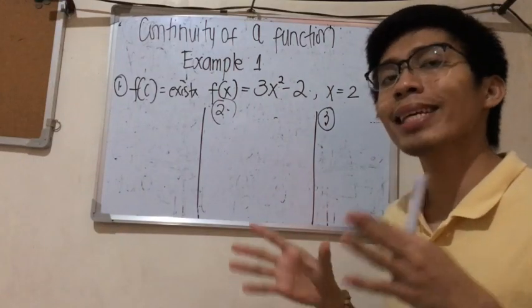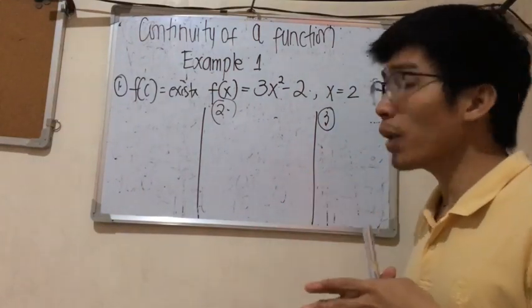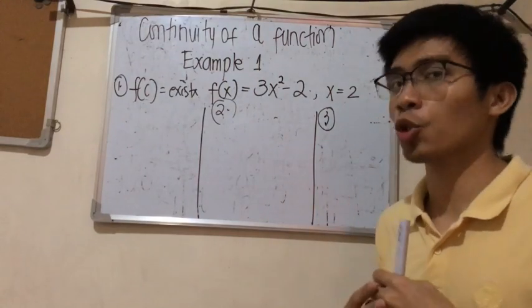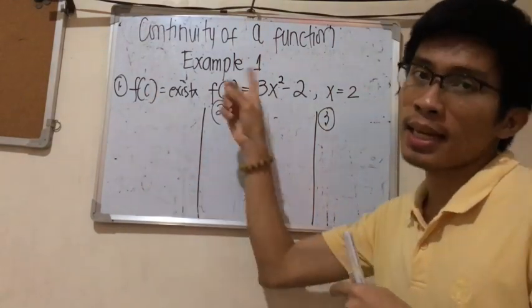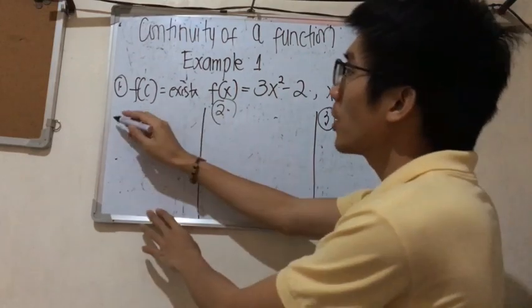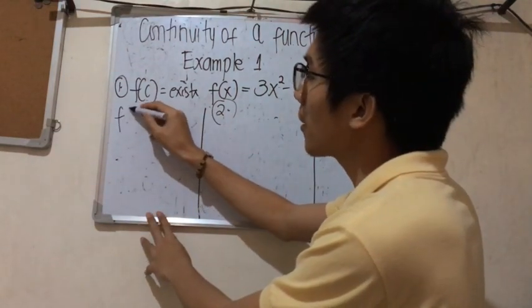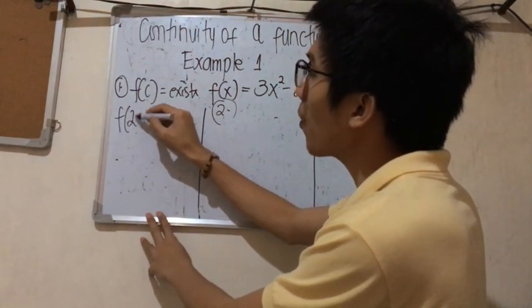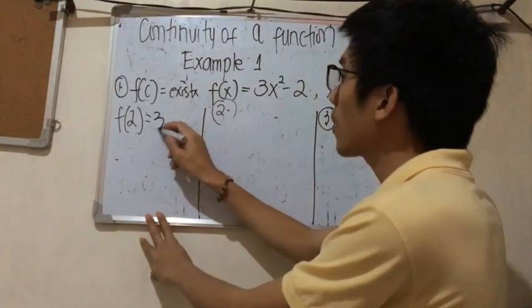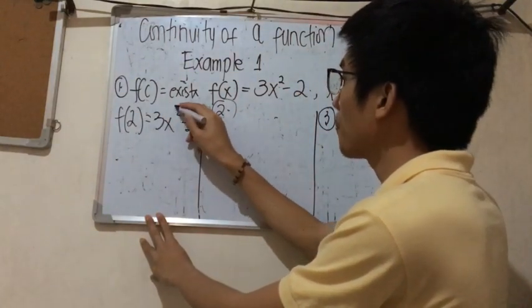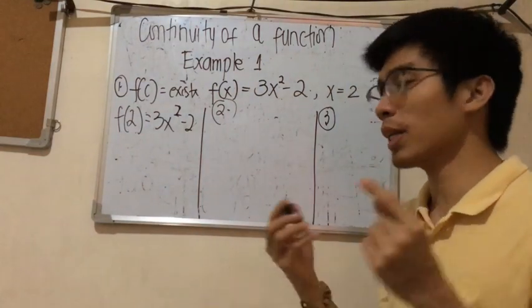We believe that in evaluation of a function, we simply substitute the value of our c into our function. So we believe that f of 2 is equal to 3x squared minus 2. Let's try to identify if it exists.